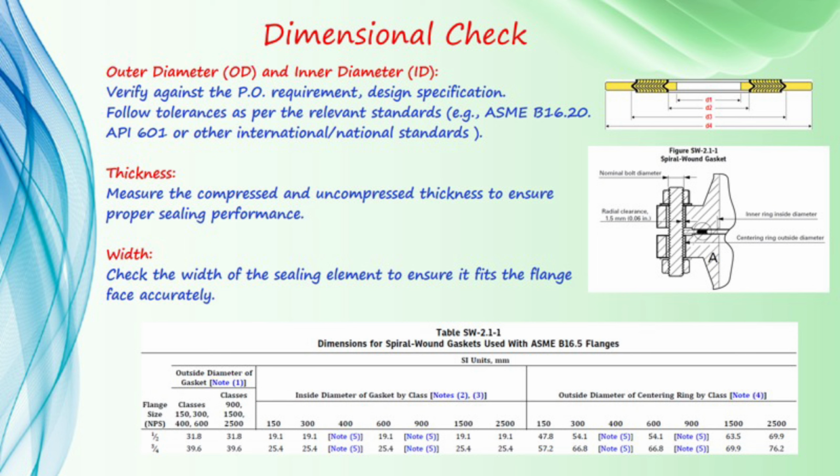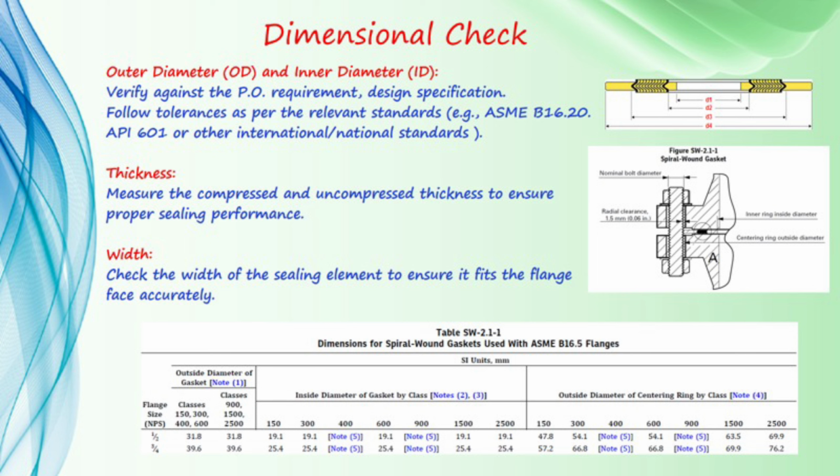on the dimension check. Before checking the dimensions of spiral wound gasket, the QC inspector has to refer to ASME B16.20 for the dimension chart and tolerances on the spiral wound gasket. He has to check outer diameter, inner diameter, thickness, and based on the dimensions and the results, he has to accept the gasket.